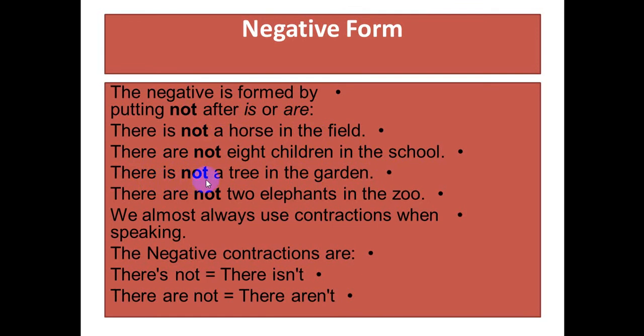There is not a tree in the garden. There are not 2 elephants in the zoo. We almost always use contraction when speaking. The negative contractions are there isn't, there is not, there isn't, there are not, there aren't.